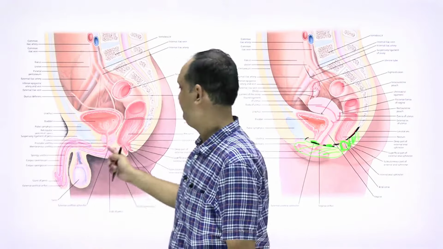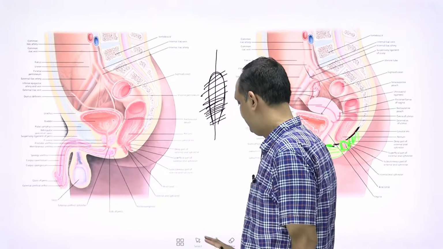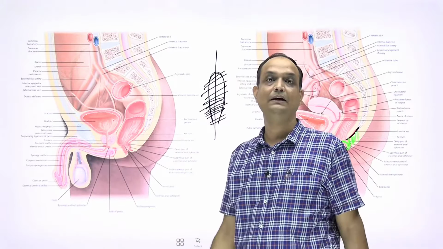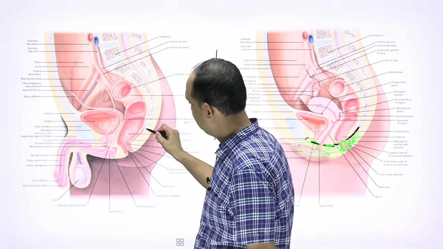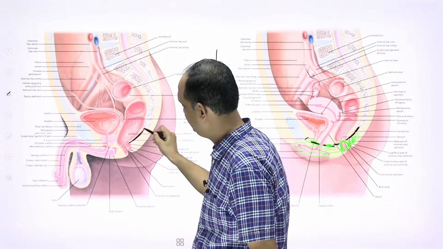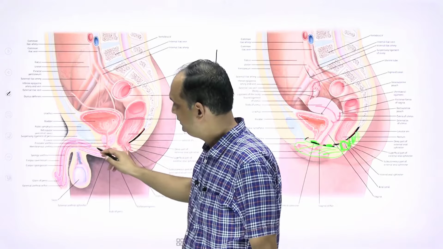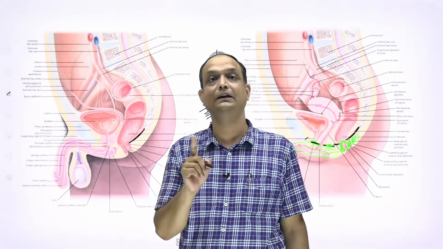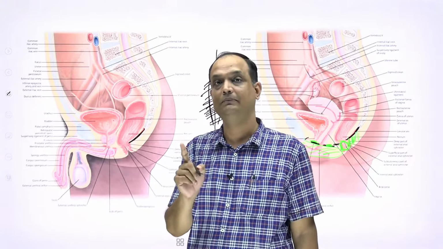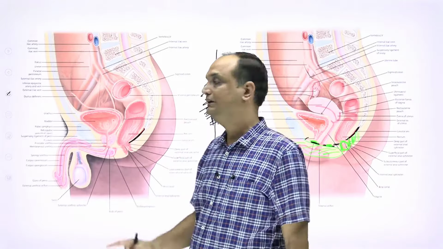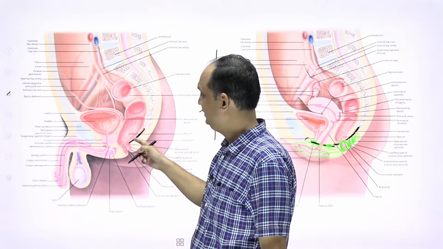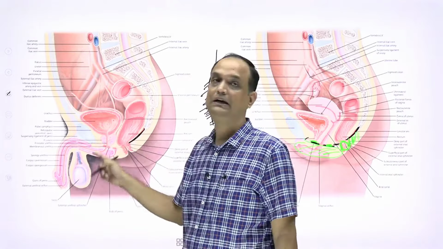In the same way, if you see this male perineum, where is the perineum and pelvis? Again, this is your posterior attachment of the pelvic diaphragm. Now anteriorly, you have to find the perineal membrane and urogenital diaphragm. Again, students have confusion that it means the pelvic diaphragm is not present anteriorly.